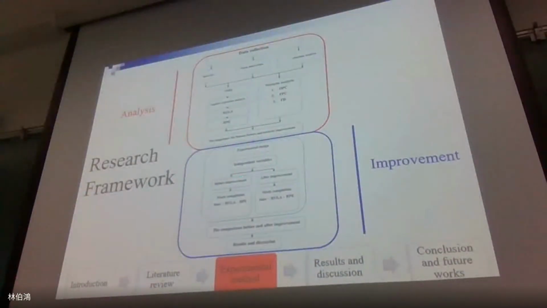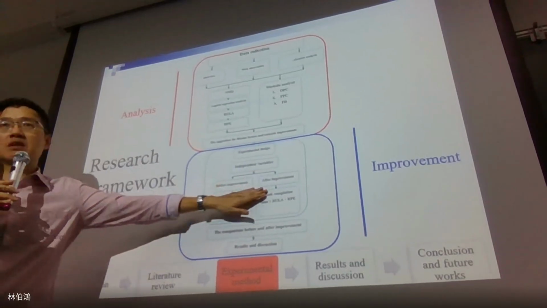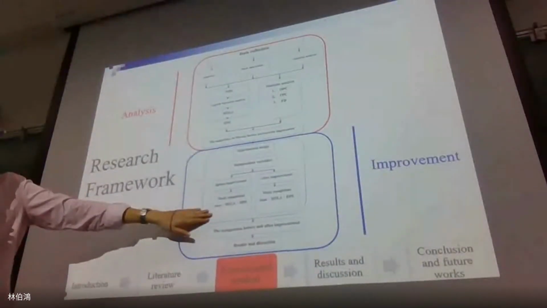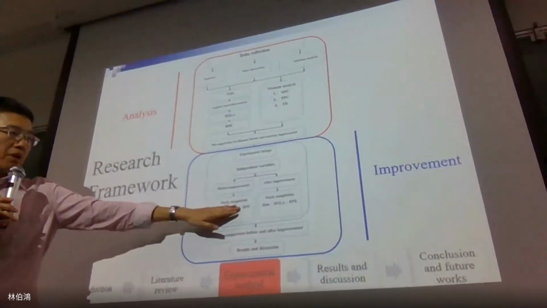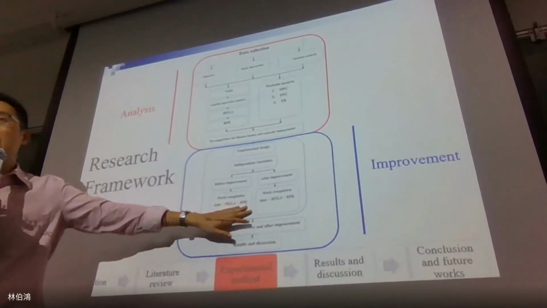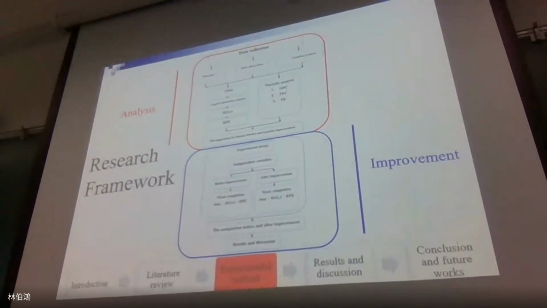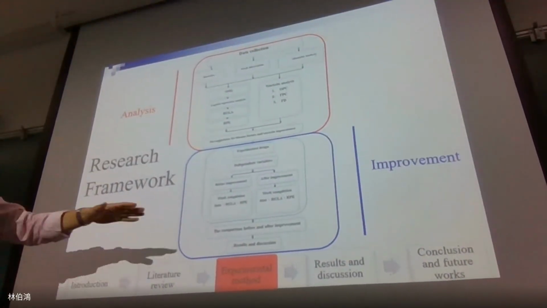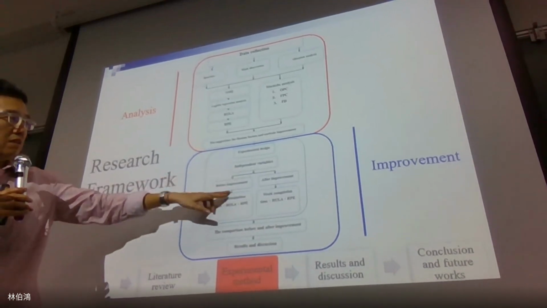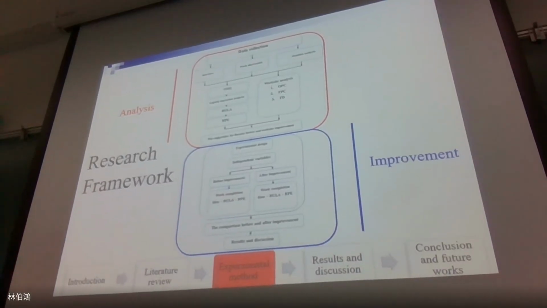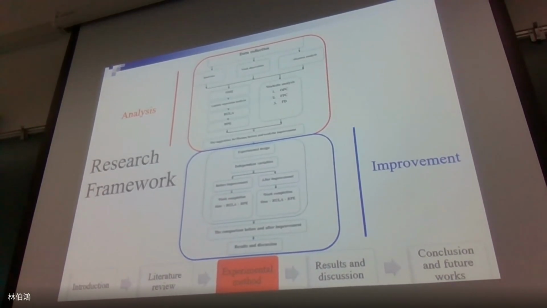We set up the independent variable as before improvement and after improvement, and we use three dependent variables: the work completion time, RULA, and RPE, to see if there is any significant difference. And then I can make some comparison.